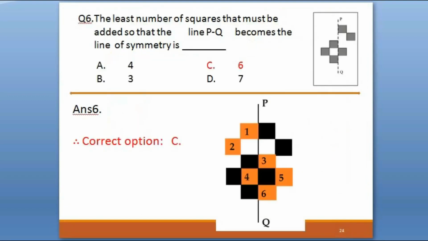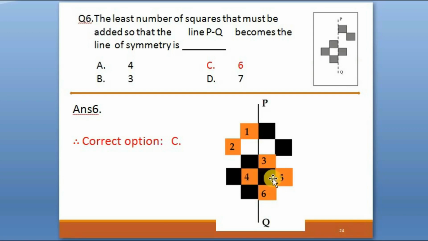As you see here, in the given figure, first block is given, but on the left side it is missing. So we have to add this here, second block, right? So first block we will add here. Similarly, against this black, we will add second block so that it can be symmetric. In the third, here black is given, so we have to add here on the right side, that is third block. And here fourth block is given, so we will add the fourth block here.